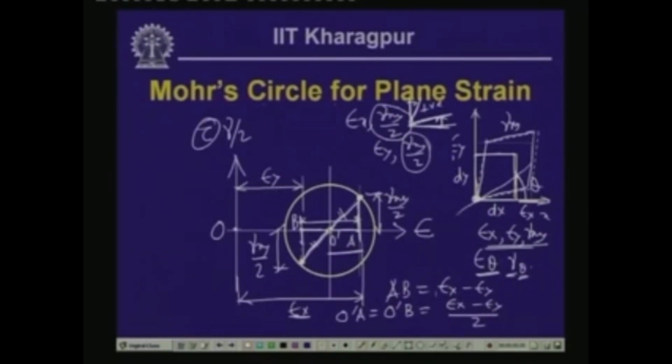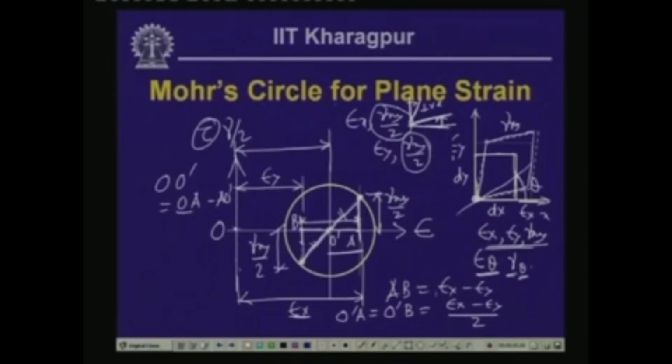Hence, the distance of the center from the origin is equal to O A minus A O dash.